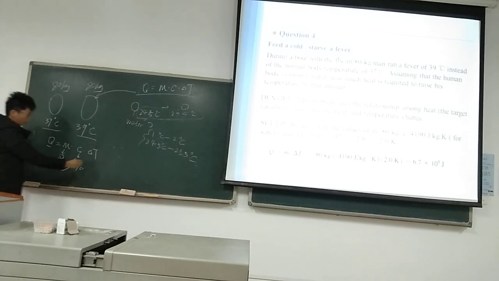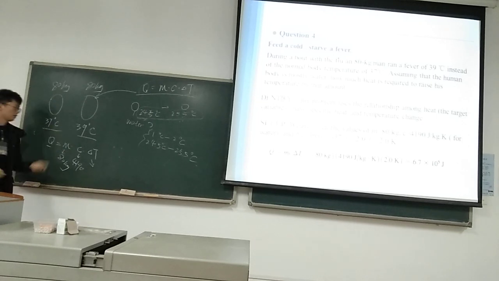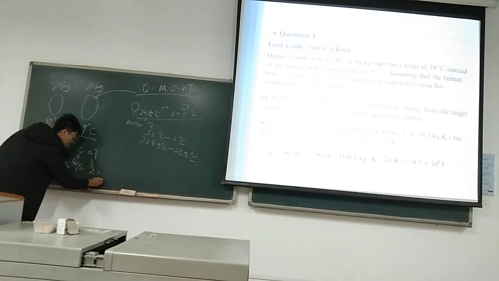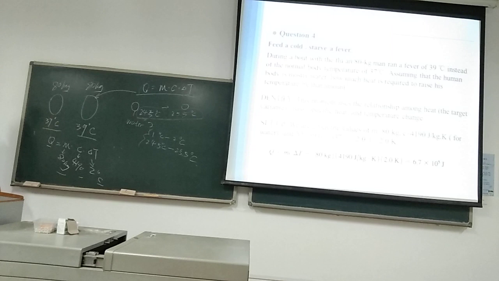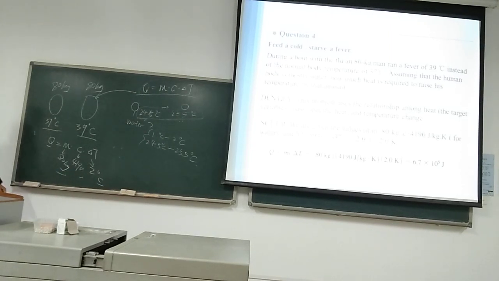The delta T, the variation in temperature from 37 to 39, is 2 centigrade. So all of those three parameters are known. So do the multiplication. The result turns out to be 6.5 times 10⁵ joule.